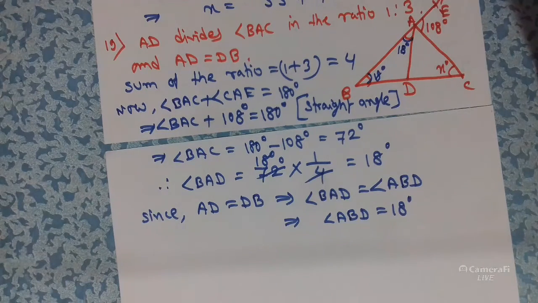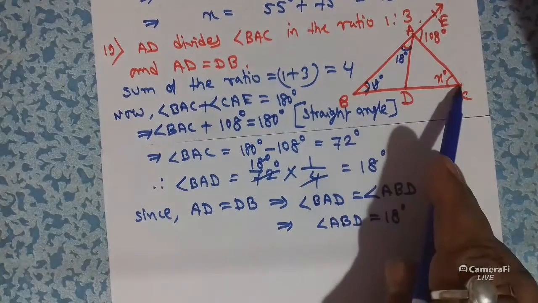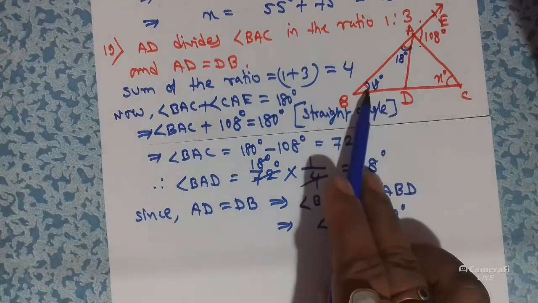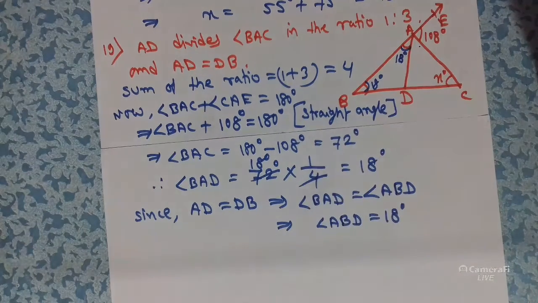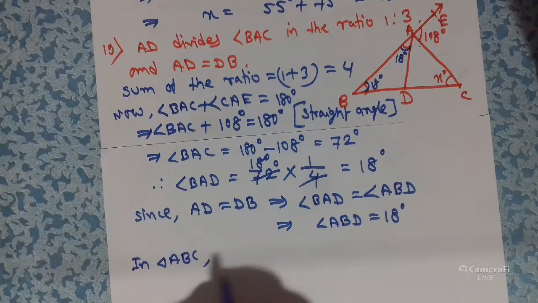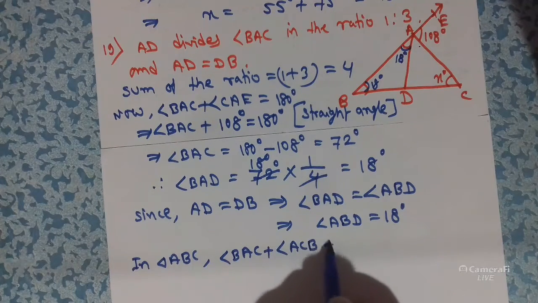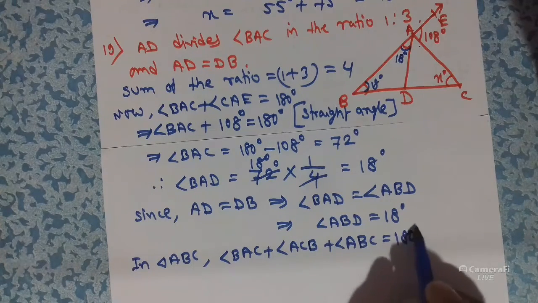Now students, in triangle ABC, angle BAC is 72, this one is 18 and this one is x. If we add these three, it will be 180 degrees. So in triangle ABC, angle BAC plus angle ACB plus angle ABC is equal to 180 degrees.